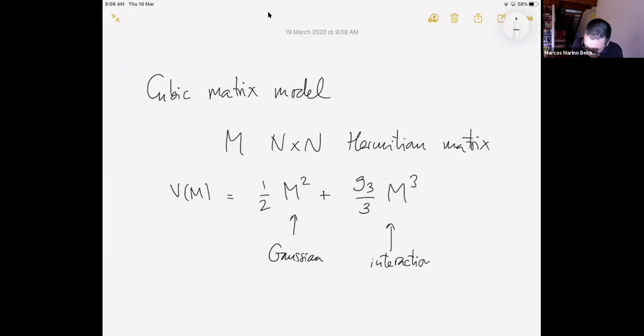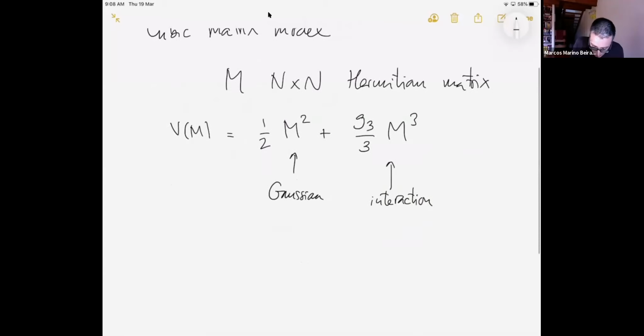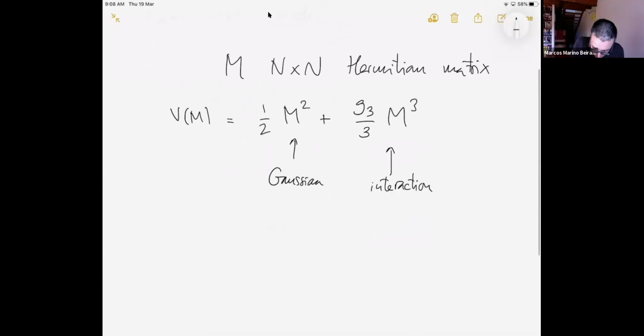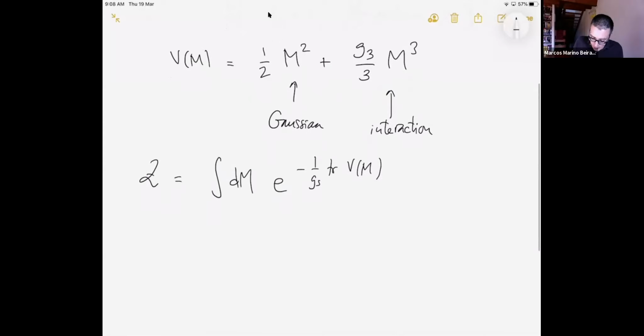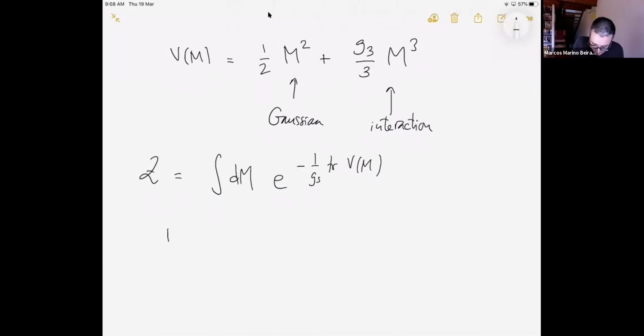Okay. And what we want to compute is the partition function of this model, which is the integration over all possible Hermitian matrices, and then we consider this action. And as we explained last time, we will do this using Feynman diagrams.